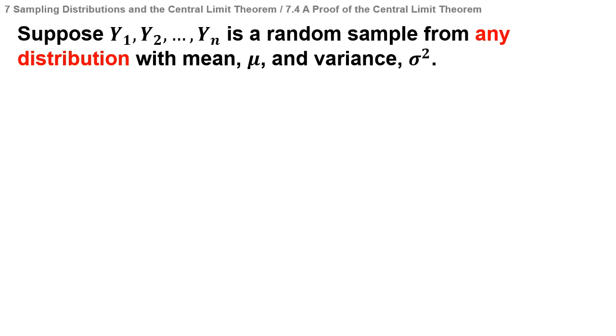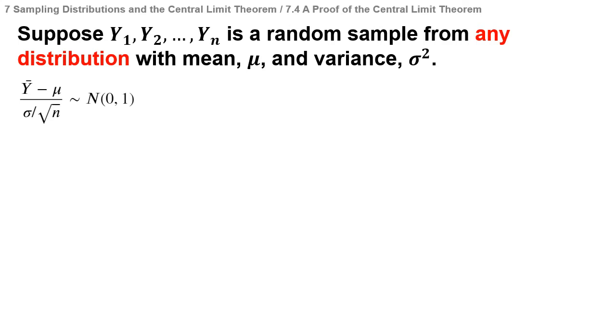Suppose Y1, Y2, ..., Yn is a random sample from any distribution with mean mu and variance sigma squared. Then (y bar minus mu) divided by sigma over square root of n follows a standardized normal distribution.